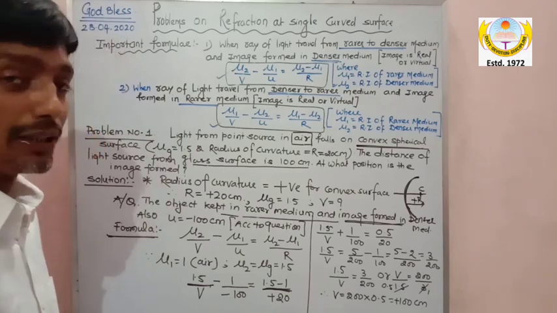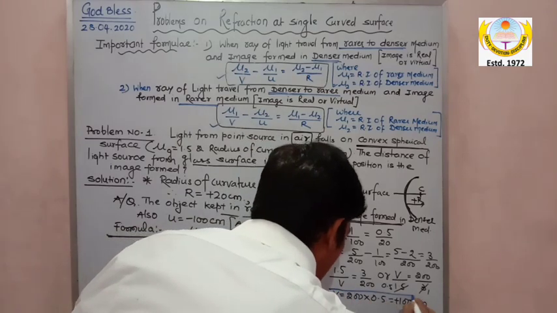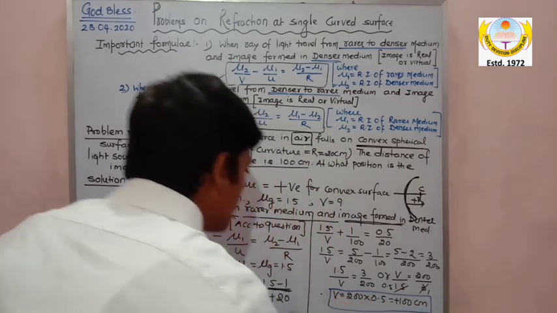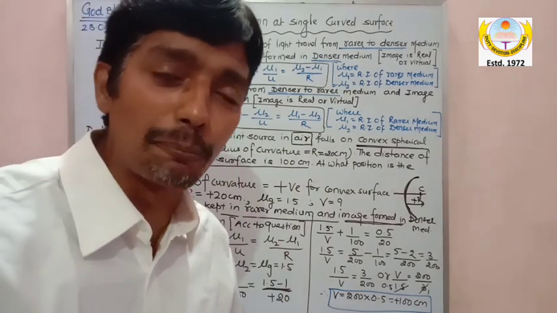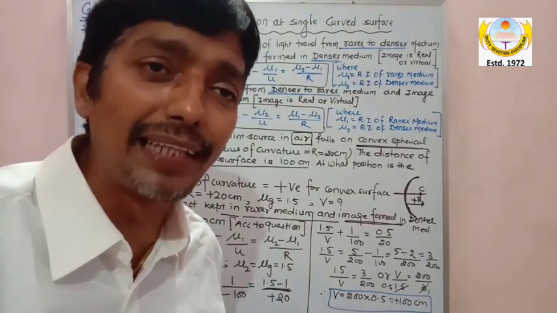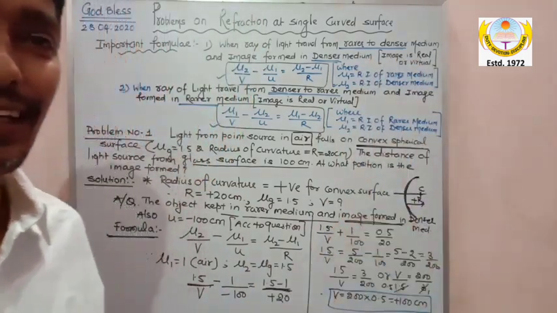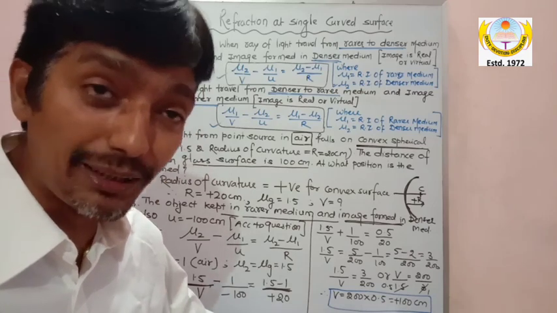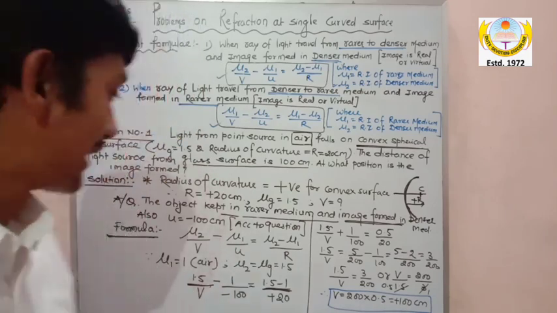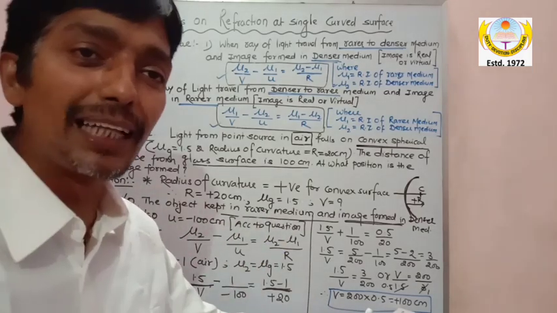If V is positive, if the image distance is positive, it means we are getting the image on the other side of the object. Try to understand. Object distance was negative and image distance is coming as positive.